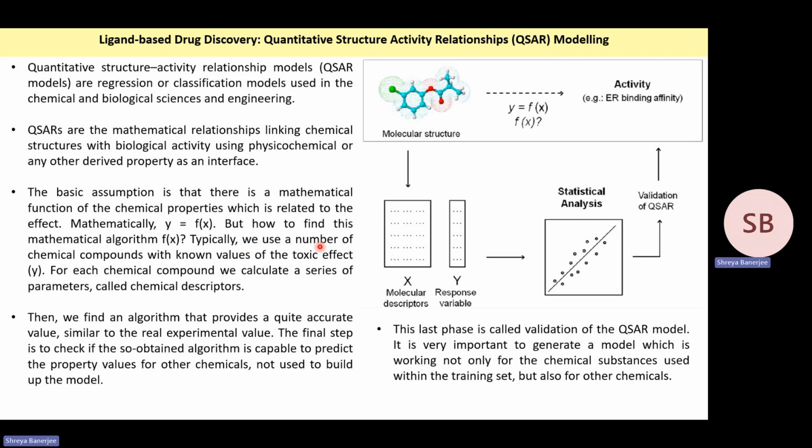Typically, we use a number of chemical compounds with known values of the activity. For each chemical compound, we calculate a series of parameters called chemical descriptors, that is X. So then we do a line fitting. So we have a set of known compounds for which we know the function, that is Y, and we know the molecular descriptor, that is X. So we plot this in a graph and we carry out a linear regression.